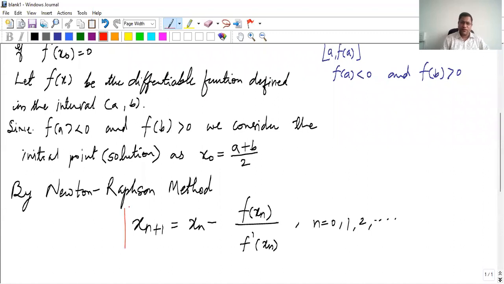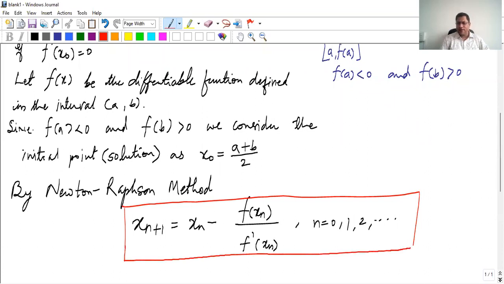So this is the formula for the root of the transcendental equation by the Newton-Raphson method. Here we have seen that f is going to be differentiable, so we don't have any problem with f dash at xn. We assume that it is going to be non-zero, because if it goes to 0, that means xn is exactly the root. So xn is an approximate root, and that's why this term will never be 0.